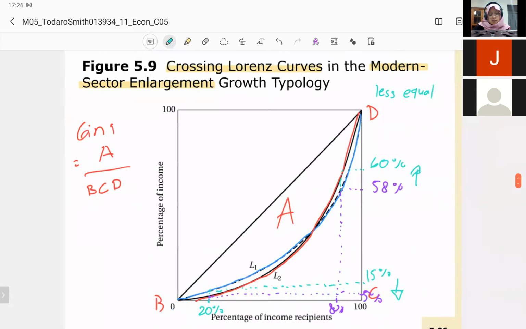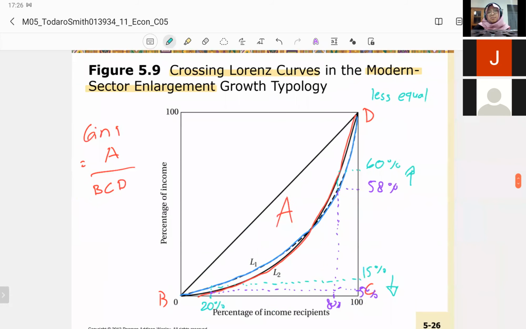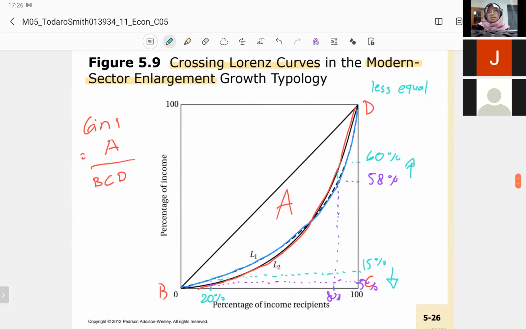Although the modern sector enlargement might have some positive impact. For example, if they open a new industrial sector, it means that a lot of people will get hired. If they put investment in the rural area, now people in the rural area can get a job and have better income. Yes, it is true, but still the income of the rich people who own the industry is going to go even higher.